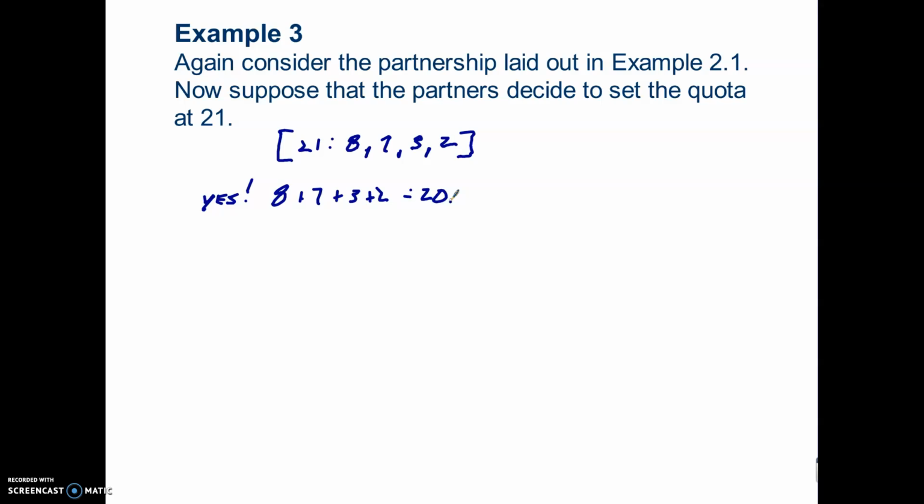Notice this motion still will not pass. The motion will never pass because we have the quota of 21 set greater than the total number of votes. When this happens, we call this gridlock. No motion will ever pass.